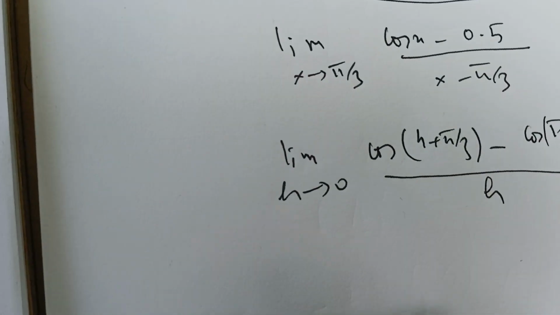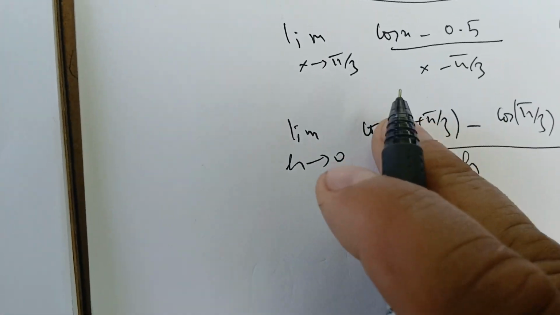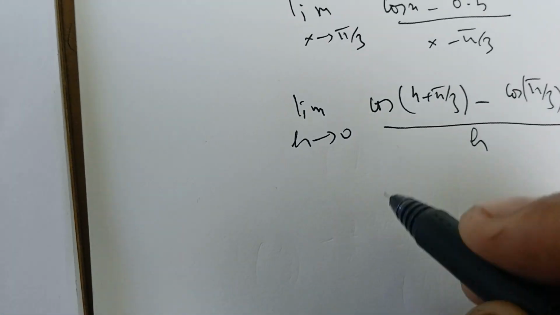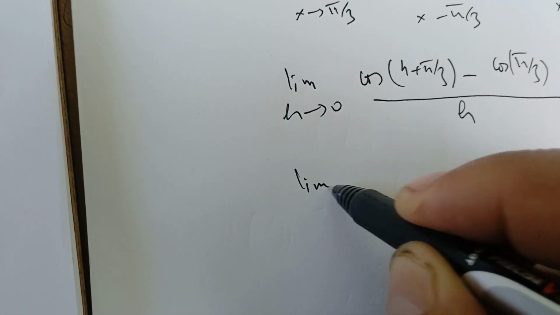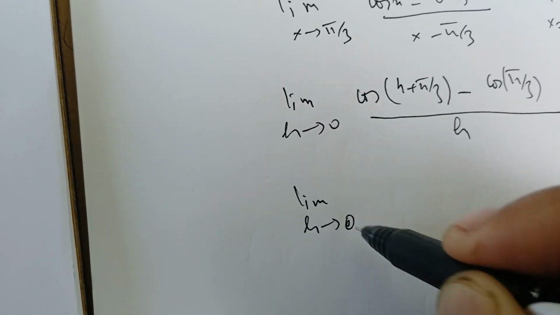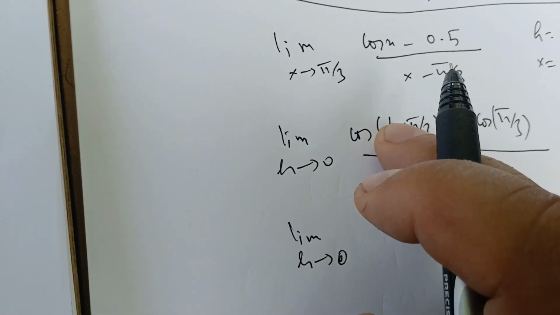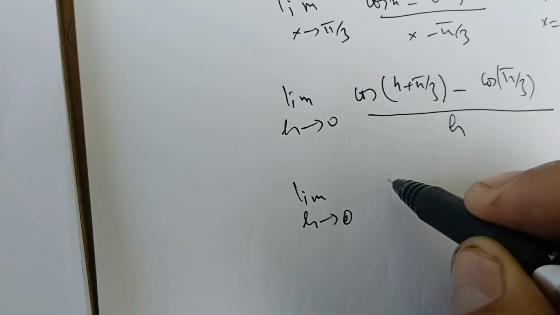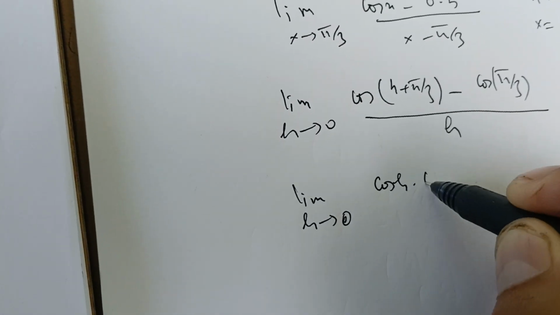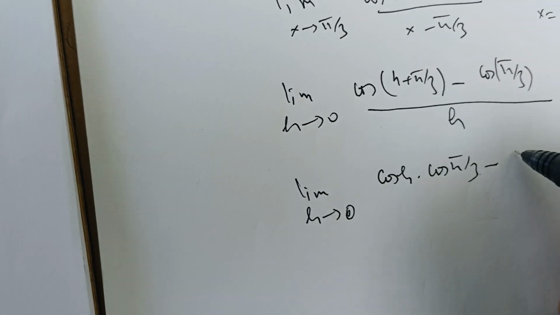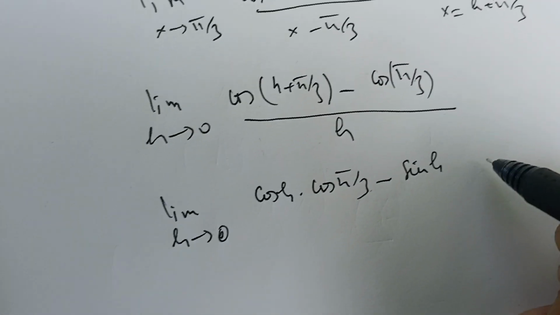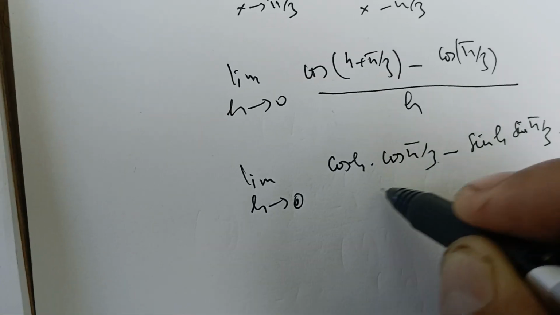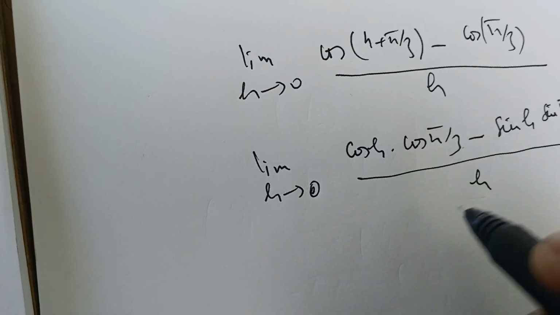Now to compute this one, we have to use the sum formula for the cosine. The cosine of a plus b is cosine a times cosine b minus sine a sine b. So this is cosine h cosine pi over 3 minus sine h sine pi over 3 minus cosine pi over 3, everything over h.